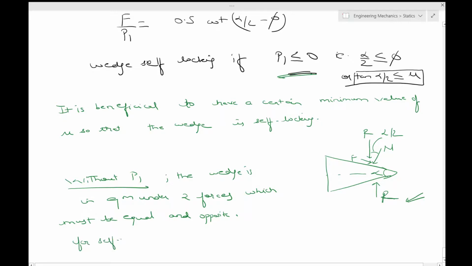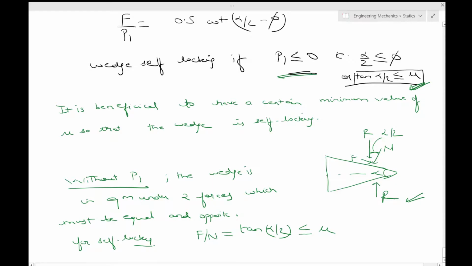For self-locking, F by N is equal to tan alpha by 2. This is just this triangle. Tangent of alpha by 2 is equal to F by N, and this is smaller than or equal to mu, coming from over here.